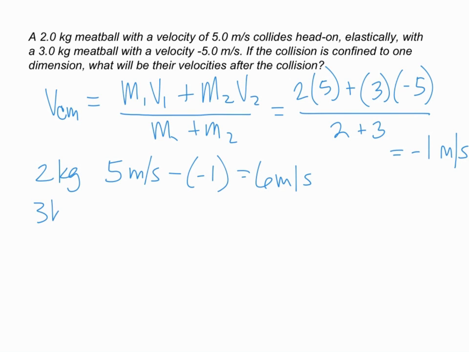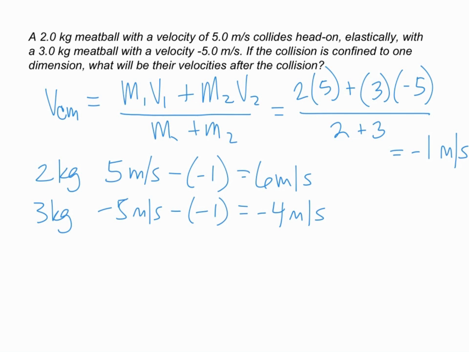And my 3 kilogram object, which is going at -5, would appear as though it's going at -4. It wouldn't seem to be going as fast because we are going with it.